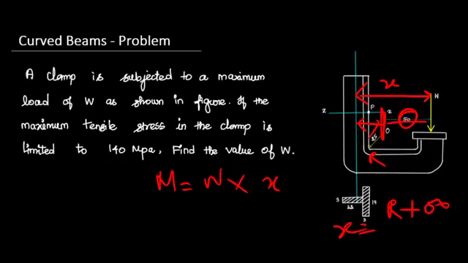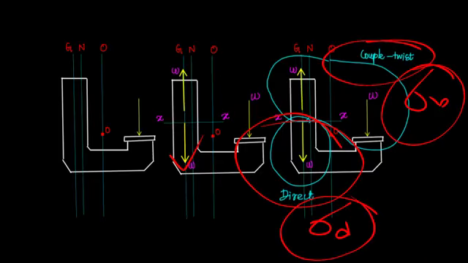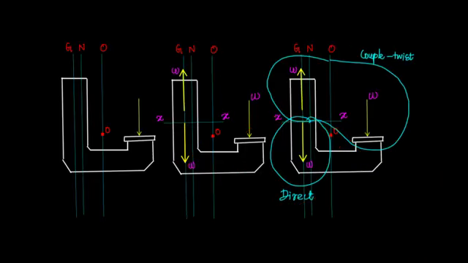From the diagram itself we can see, again I am explaining in the particular diagram. The distance for the bending moment is the distance between the centroidal axis and the load acting point.